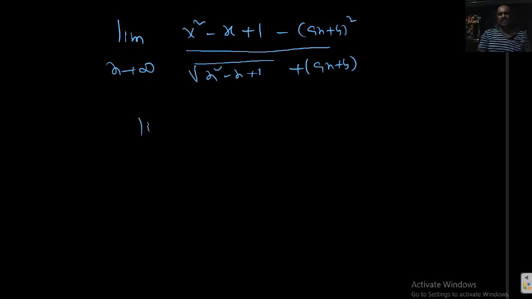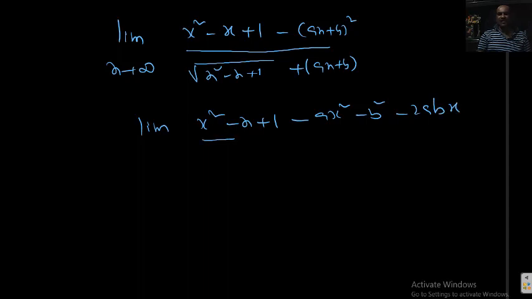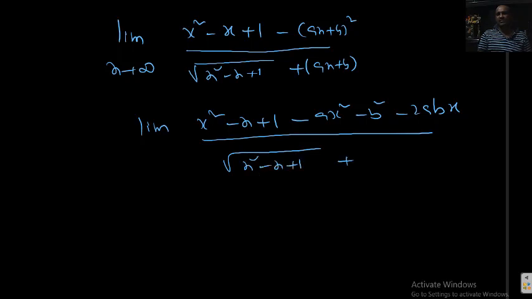Okay students, the limiting value of x square minus x plus 1 minus a square x square minus b square minus 2abx, by root over x square minus x plus 1 plus ax plus b, as x is tending to infinity.